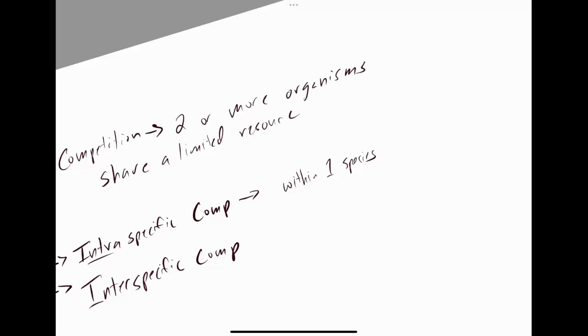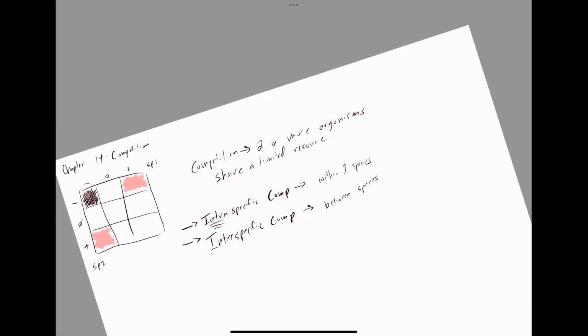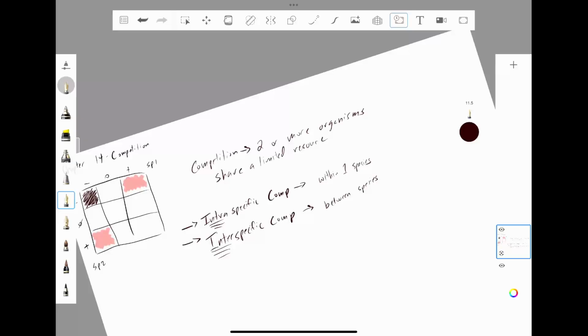That's what this prefix intra means. Within one species. Interspecific competition is between species. Right, between species. Intra-specific competition, a great example of this from last week are the lynxes competing for limited food resources, right?